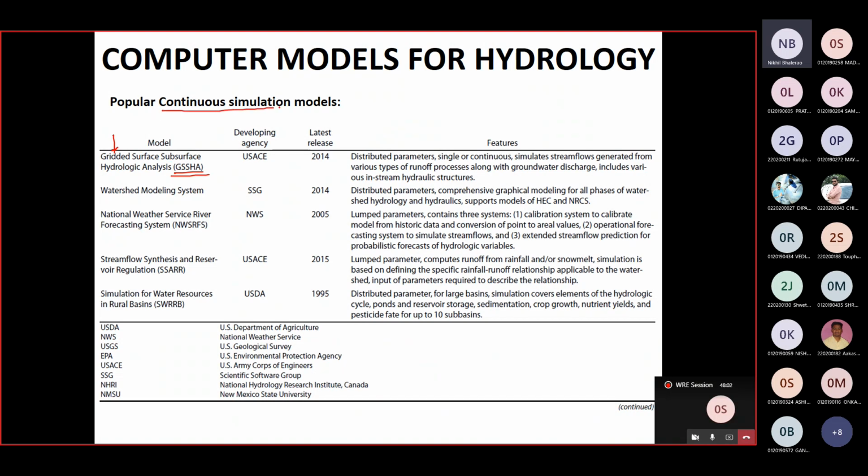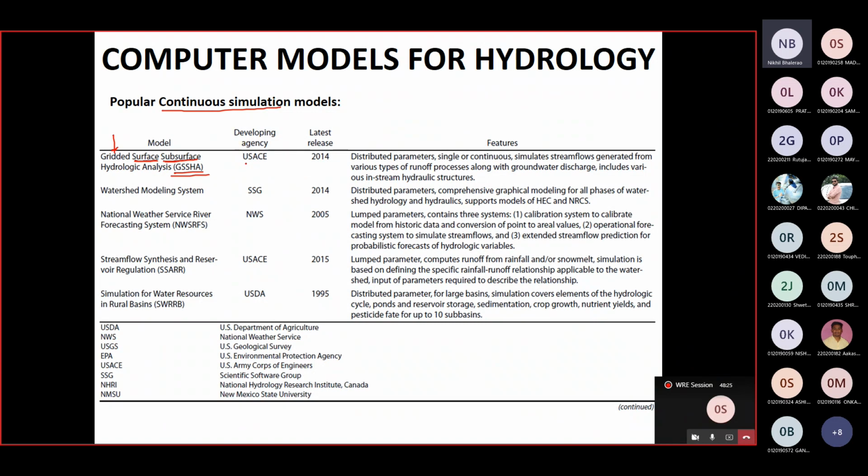So this is falling under the category of continuous simulation model data sets. And again, one more important thing is that in this model, we are not only going to talk about the surface hydrology, but along with that, we are having the subsurface hydrological data sets. Okay, so study of the surface and the subsurface parameters can be carried out by the use of this particular model.